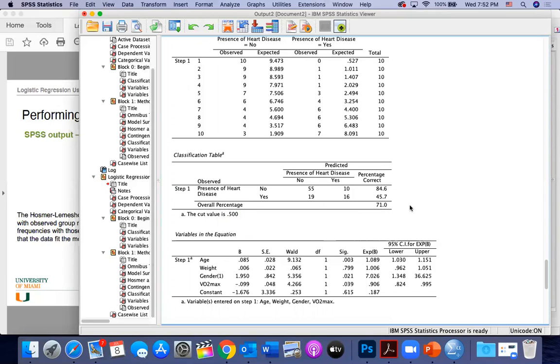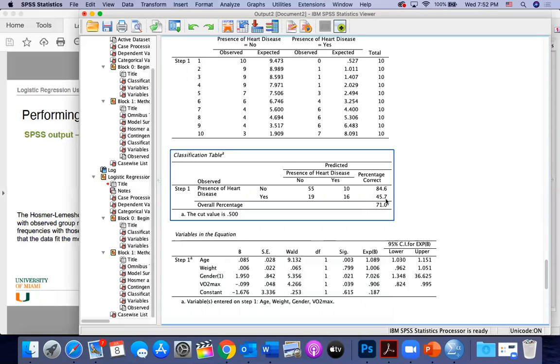And there are also two other terms, which are the sensitivity and the specificity. So if we want to look at the sensitivity, this is where we want to look. So we can say that 45.7% of the participants who had heart disease were also predicted by the model to have heart disease.